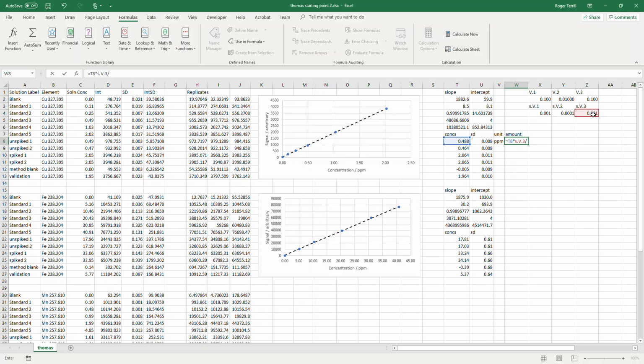That divided by that, and then times 0.1 liter. Right? So that comes out to exactly the same numerical value, only now it's in units of milligrams, right? Such a big deal there, right?